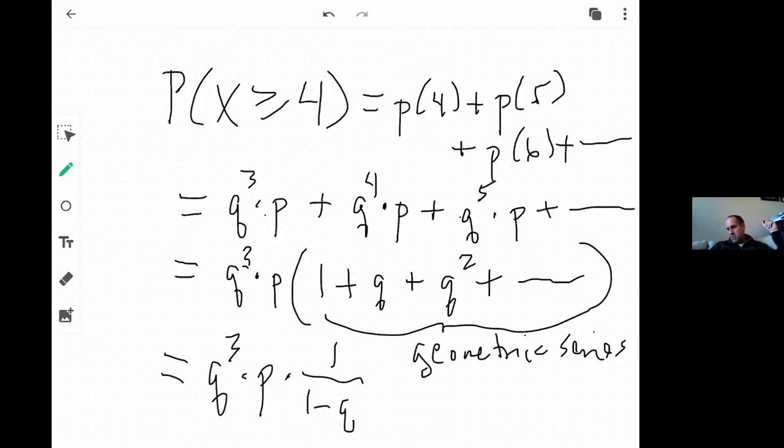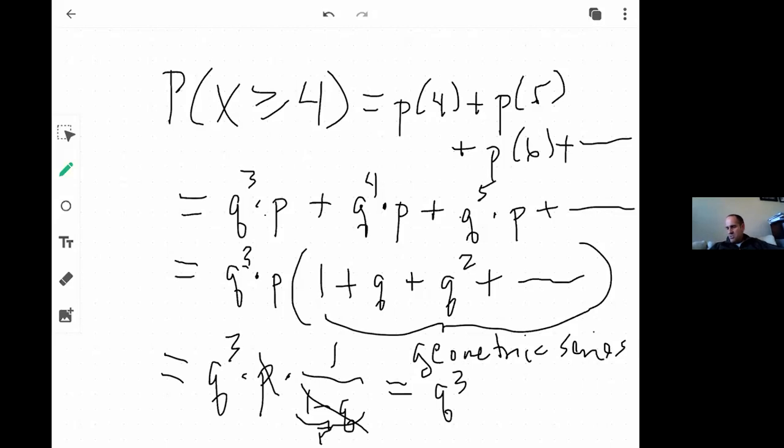Okay? But what's 1 minus q? Well, that's p, right? So this p right here cancels this stuff down here. And what are we left with? Q cubed. Okay, after all that simplification, we get q cubed.